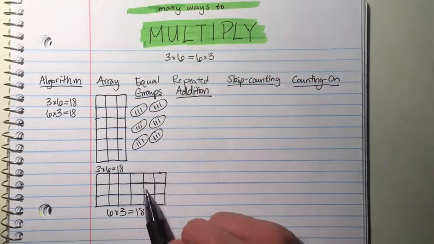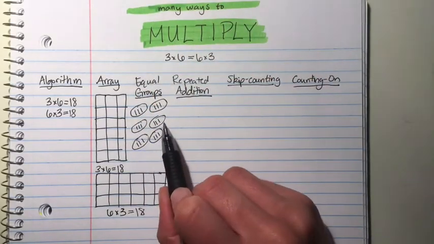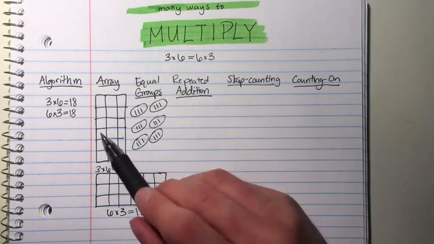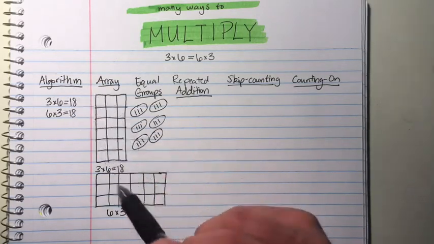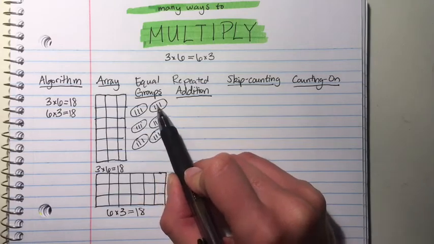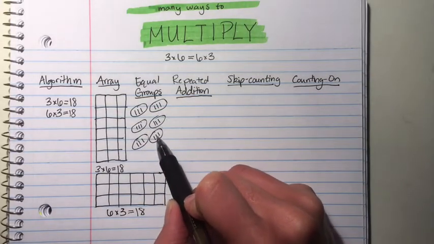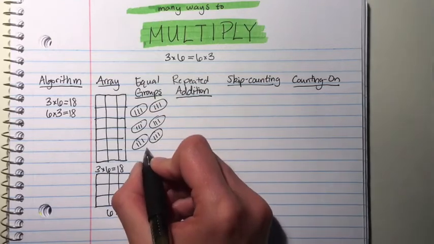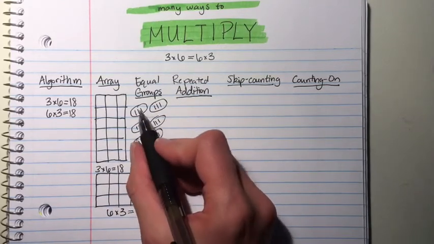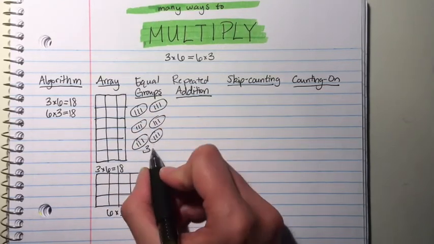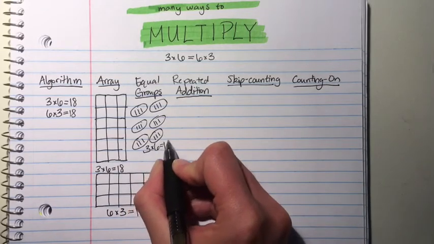If I now count up my tallies, I will find that I get the same answer as when I did the algorithm or the array. 1, 2, 3, 4, 5, 6, 7, 8, 9, 10, 11, 12, 13, 14, 15, 16, 17, 18. So 6 3s is 18.